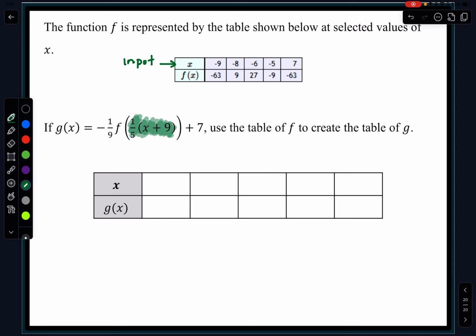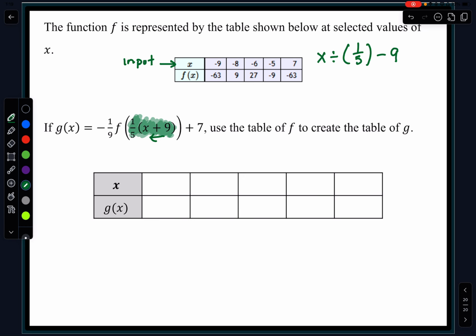We're going to divide this input value of x by this fraction of 1 over 5. And because we're adding 9 to the x, as you recall in our notes, that's going to shift everything in a negative direction. So we're actually going to subtract 9 from those values. So this is going to stretch the graph horizontally and shift everything in a negative direction.